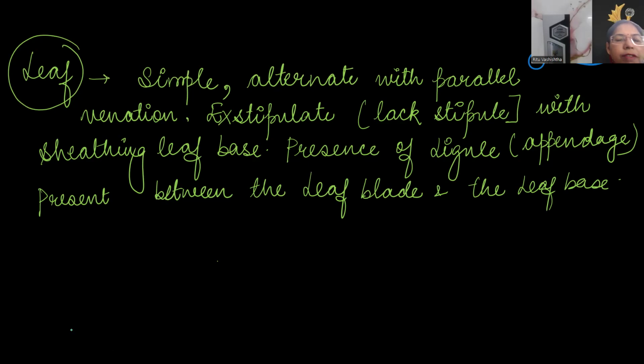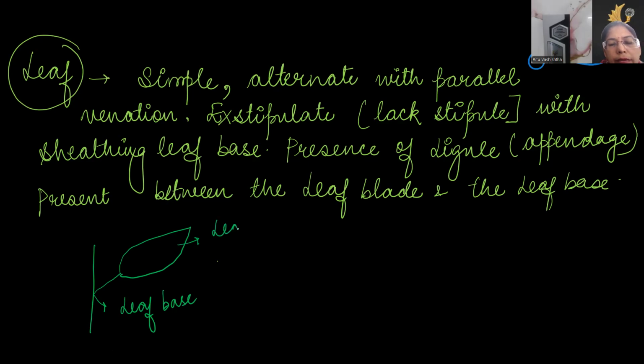Let us understand, when we say leaf, each type of leaf will have three parts. What do you mean by that? This is the leaf base. This is the leaf lamina. And this is the leaf petiole. Petiole is the stalk of the leaf. Leaf lamina is the exposed part in which the veins and veinlets are present.